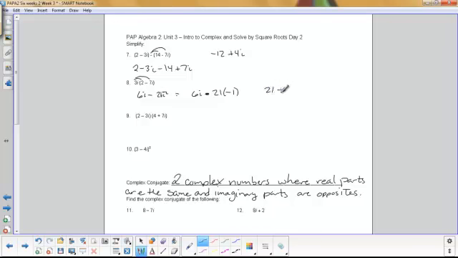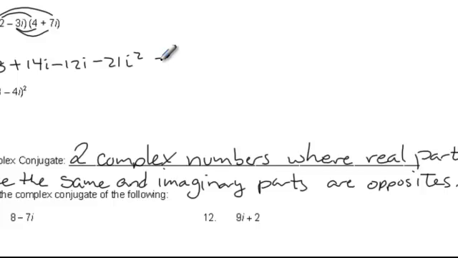Use double distribution or the FOIL to help you solve this problem. You get 8 plus 14i minus 12i minus 21i squared. Combine your like terms and you get 8 plus 2i minus 21 times -1.